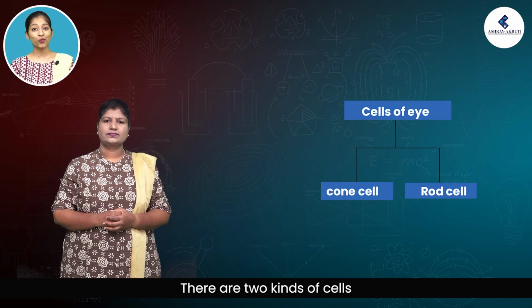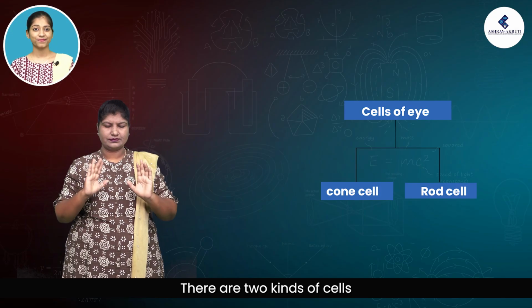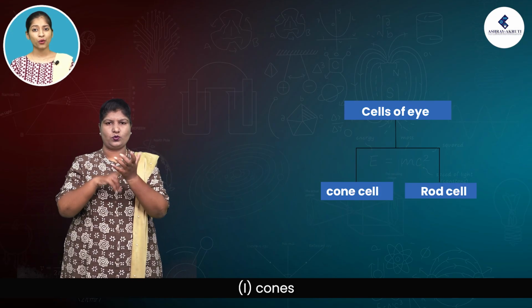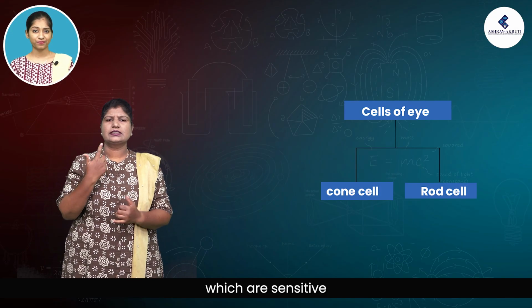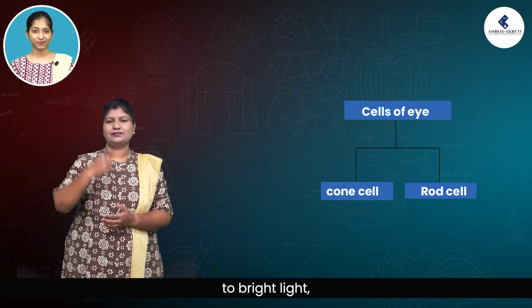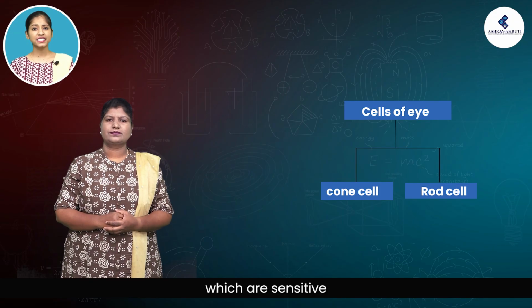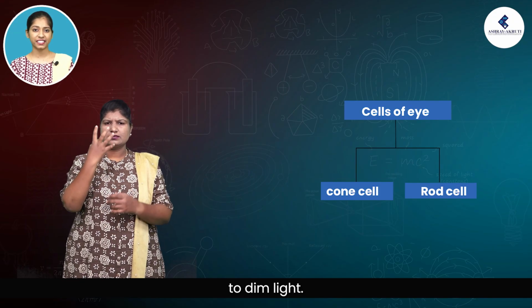There are two kinds of cells: cones, which are sensitive to bright light, and rods, which are sensitive to dim light.